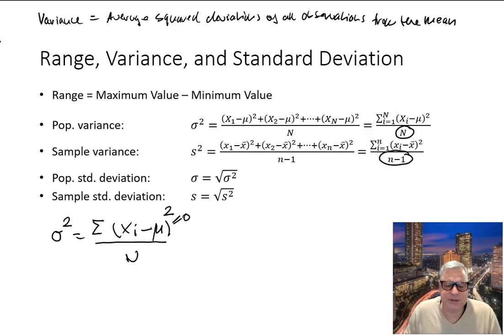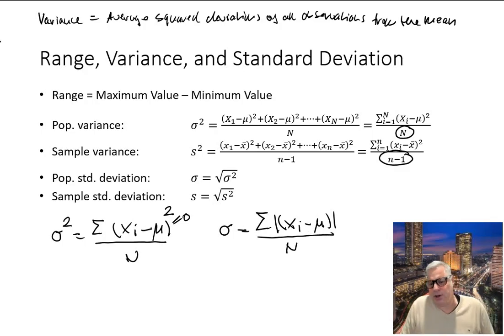Now you may say, why don't we calculate the standard deviation simply as the absolute difference, where we put the absolute value so that negative becomes positive, and divide by n.